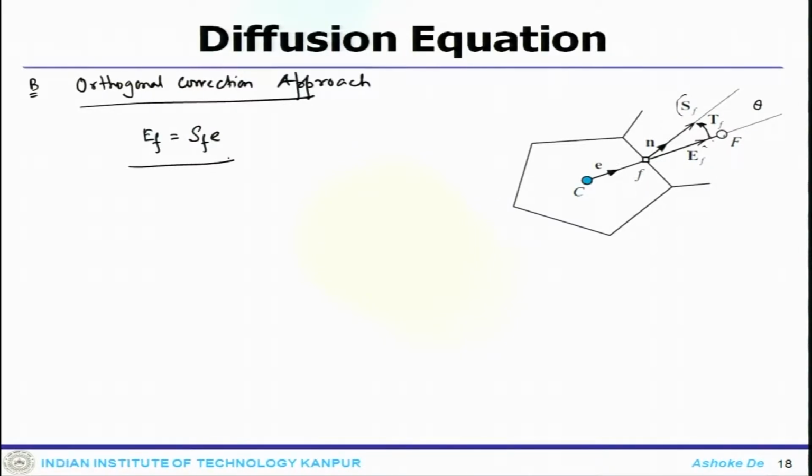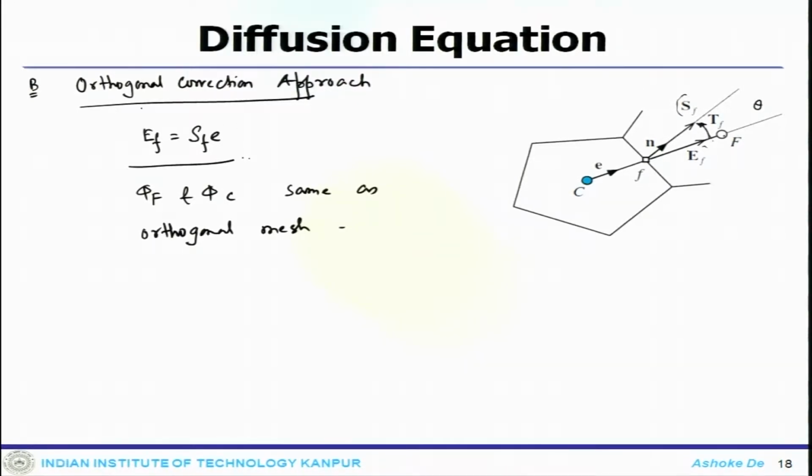Now, what kind of contribution do we take? It essentially keeps the contribution of the term involving phi f and phi c the same as for an orthogonal mesh, irrespective of the degree of non-orthogonality.